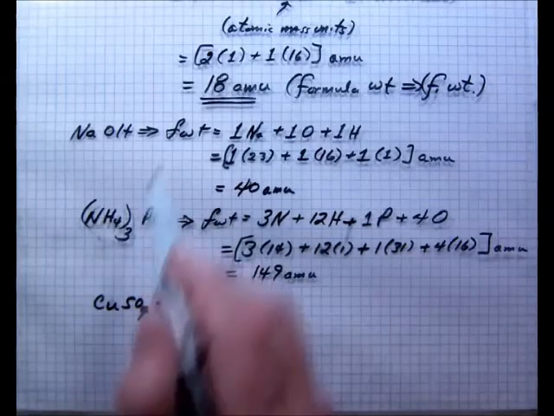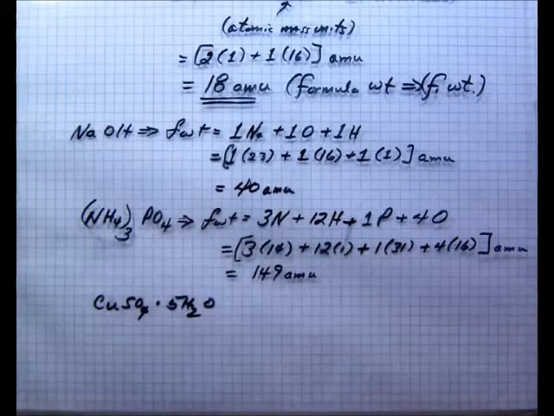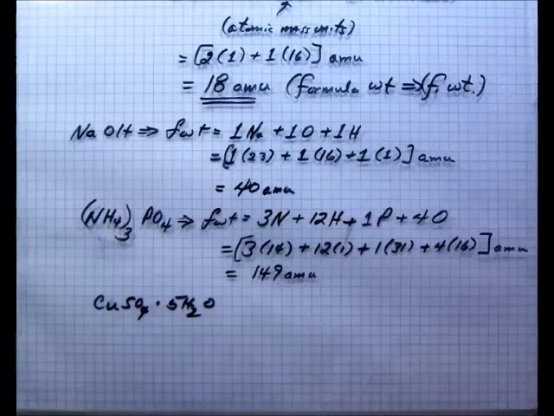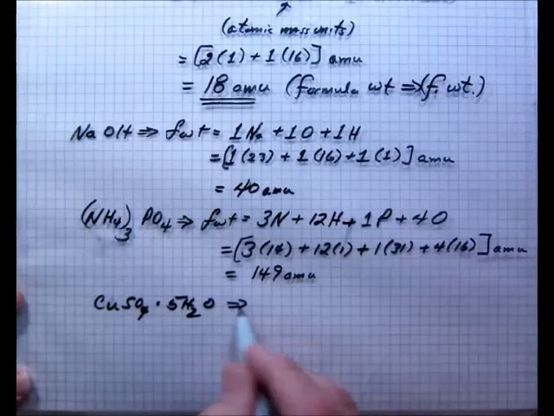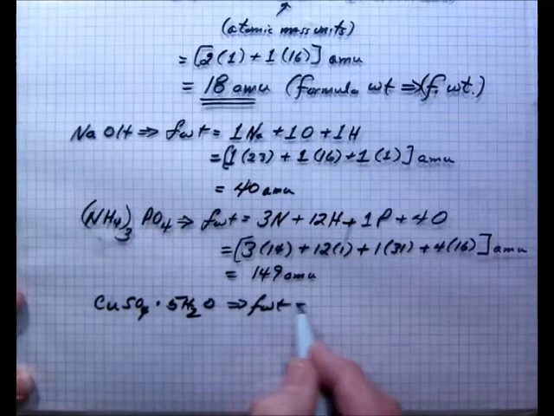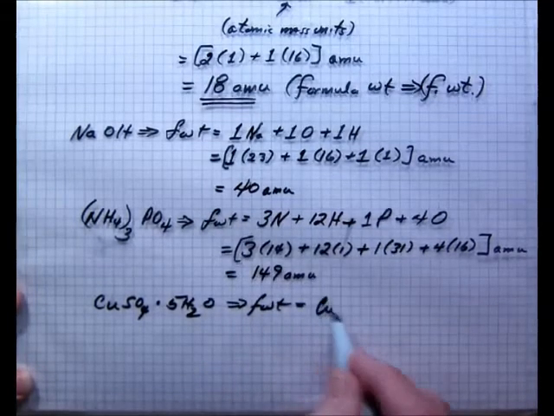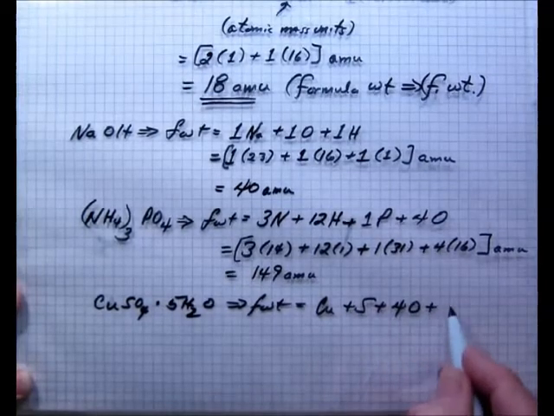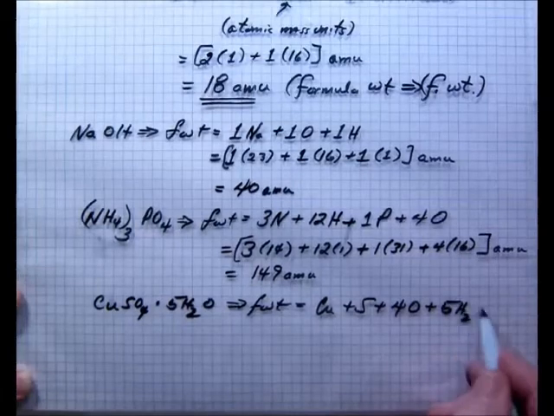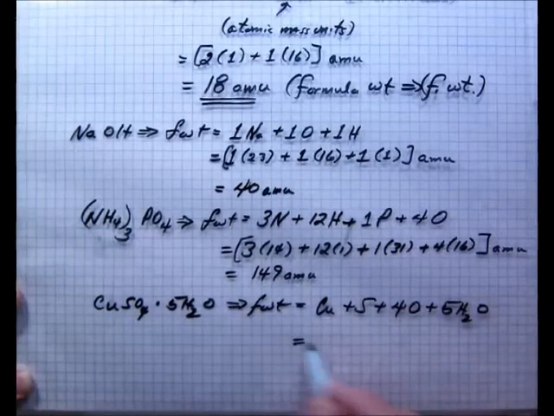Water in itself, as we showed earlier, is 18 atomic mass units, so when I have to deal with something coordinated like that, 5 waters, I go 5 times 18 and use it as a grouping. So the formula weight here would be copper plus sulfur plus 4 oxygens plus 5 H2Os.